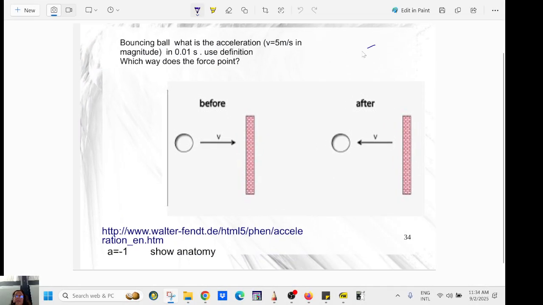So first of all, you decide, okay, that's going to be plus, that's going to be minus, that's a number line. So before it's going to bounce, it has a velocity of 5 meters per second. And now it's to the left. So the magnitude is the same, but you see it's to the left. So the final velocity is -5. The initial velocity is 5.